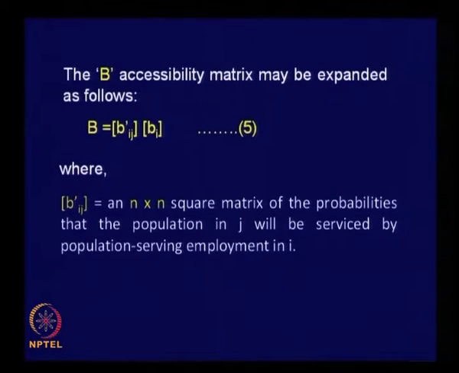Earlier we talked about distribution of population serving employment zone wise along with distribution of population or households. Now as per this statement, population serving employment may be in some other zone, and it may still serve population in other zones, that is the reality. What are the service employments normally availed of or used by urban dwellers?